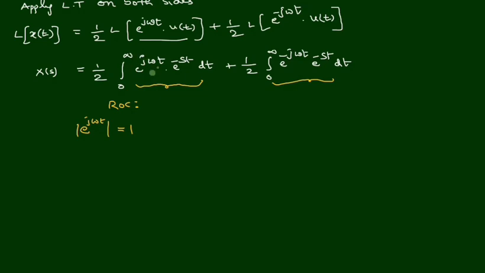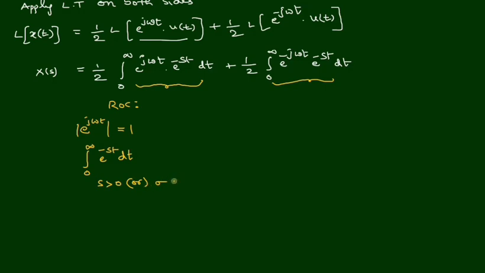So the integral becomes the integral 0 to infinity of e power minus st dt. Now from this expression we can say it will be finite for values of s greater than 0. Here s represents the real part of the complex quantity, that is sigma.